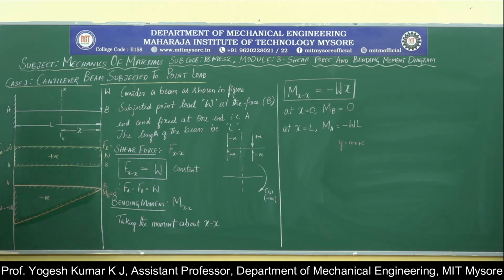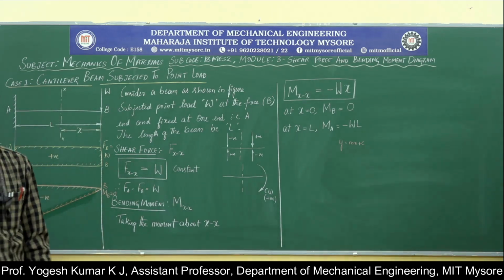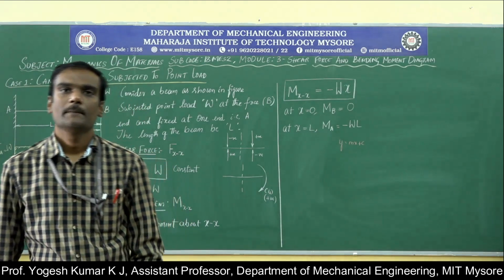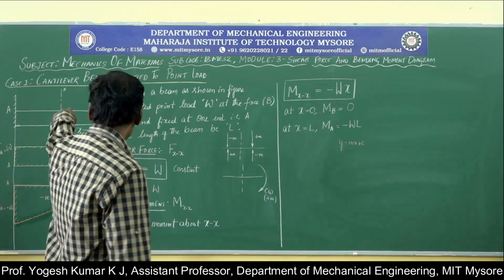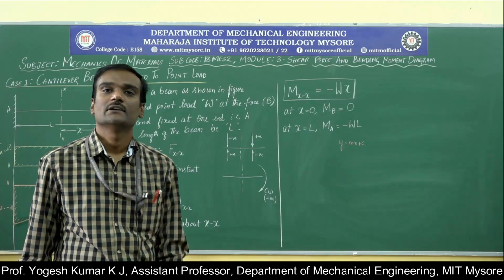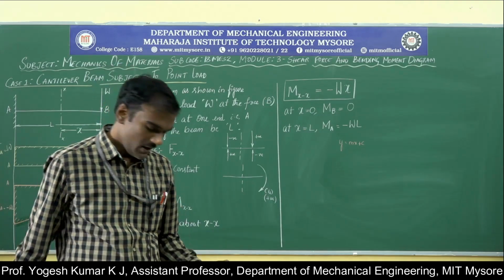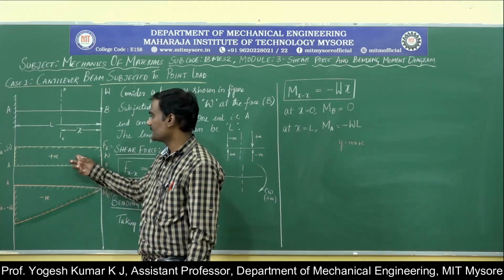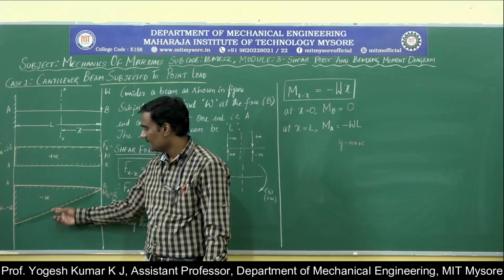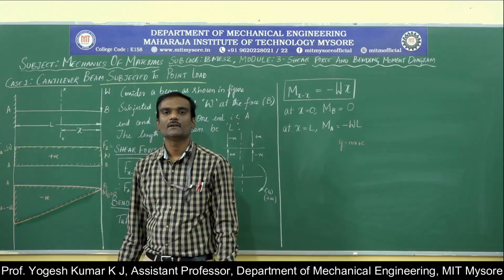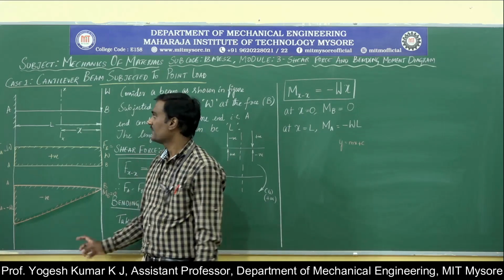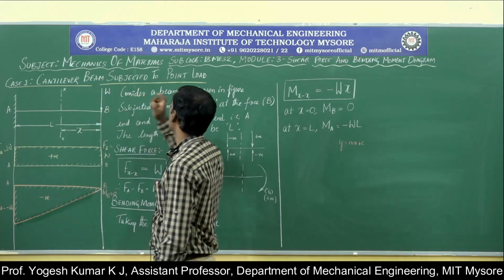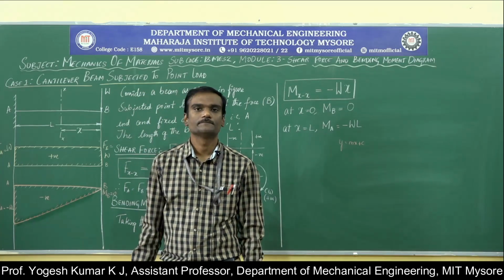Fine. So this is how we are going to draw and determine the shear force and bending moment diagrams. These three diagrams together represent the shear force as well as the bending moment. This is the shear force diagram, and this we call the bending moment diagram. So this is case 1, that is, cantilevered beam subjected to point load.